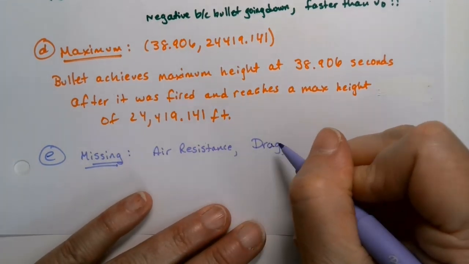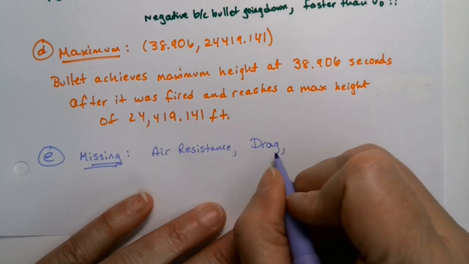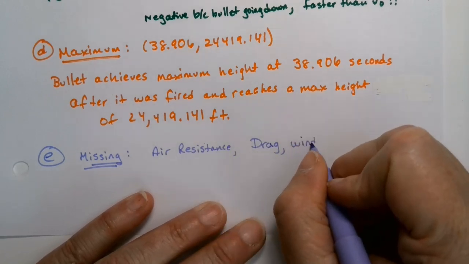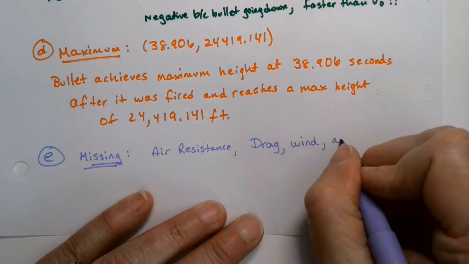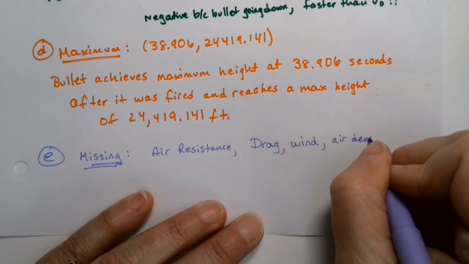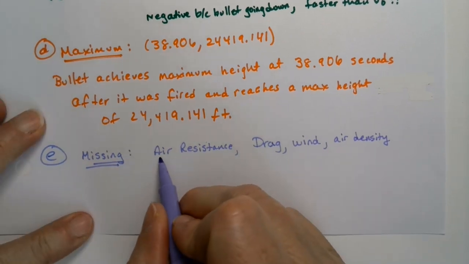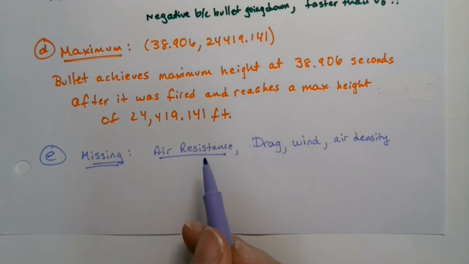But air resistance, drag, wind is involved in that as well. Also, air density is involved in that. There's a whole bunch of other stuff going on that would really affect your results. But air resistance is key. And these are some components of what that air resistance would be made up of. We're not really doing the most realistic physics problems here.